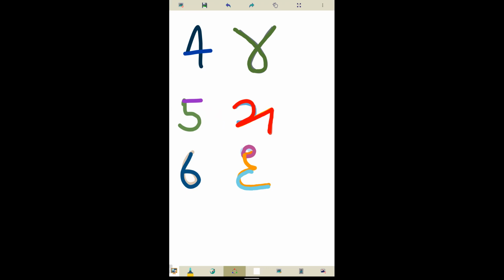And this is the 6. And about the 7. So 7, you have a small circle and coming down, and then a horizontal line. This is 7. And about the 8, you have a semicircle and then a horizontal line.